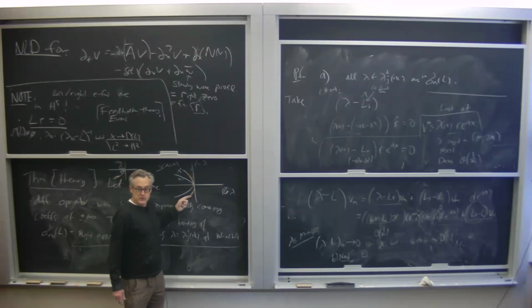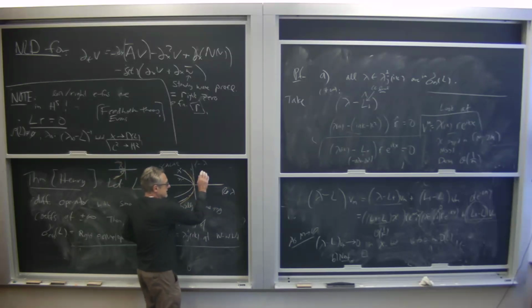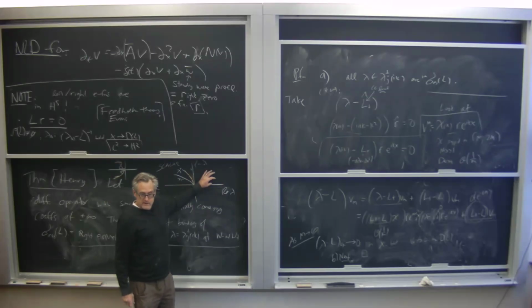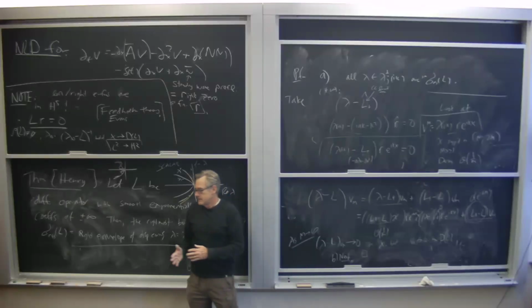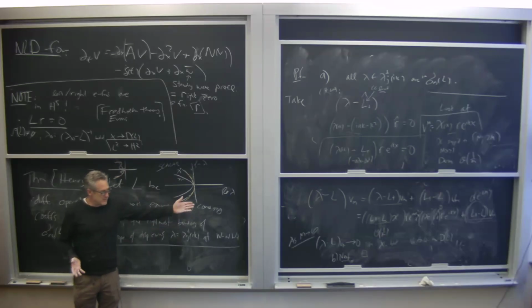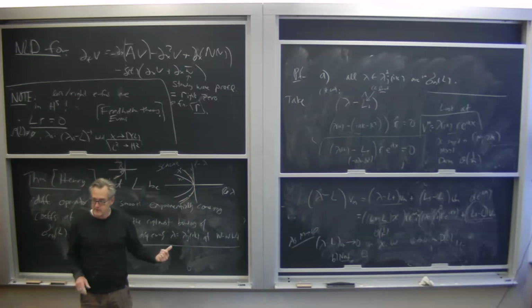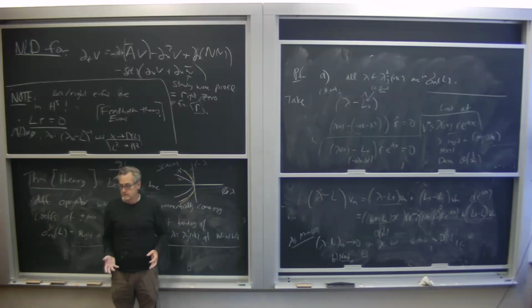Now I want to show there's no essential spectrum to the right of this curve. That all this could only be resolvent set or point spectra. And for that, I need to learn something finally about the resolvent and what it looks like. But we're going to learn a lot more than we need for this. Basically, we're going to get a very complete description of the resolvent next time.